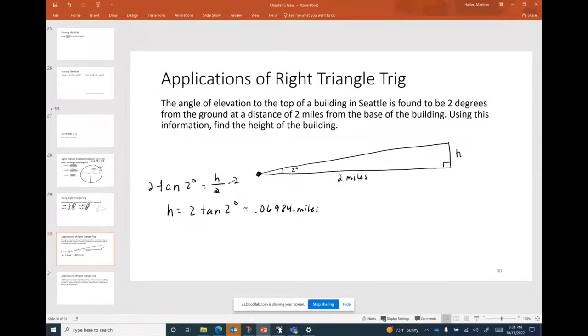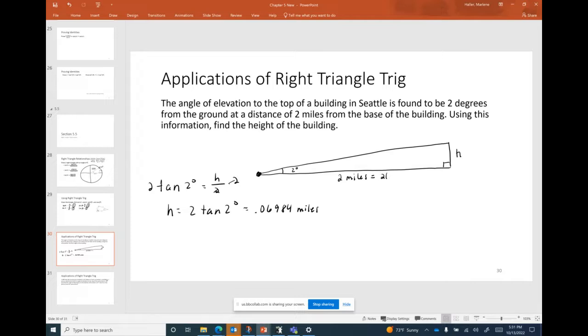However, I rounded that. I had to truncate some decimals, and I don't want to just apply a conversion factor to this decimal. I think I want to go back and recalculate that using feet instead of miles. So let me convert these miles over to feet. There's 5,280 feet in a mile, right?